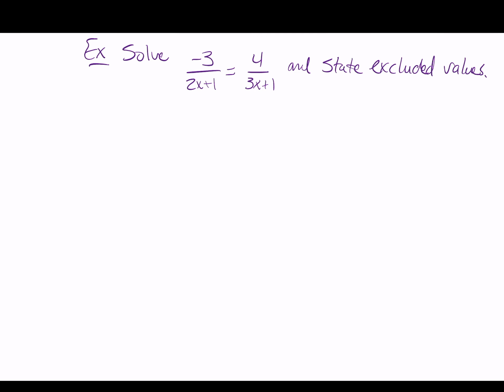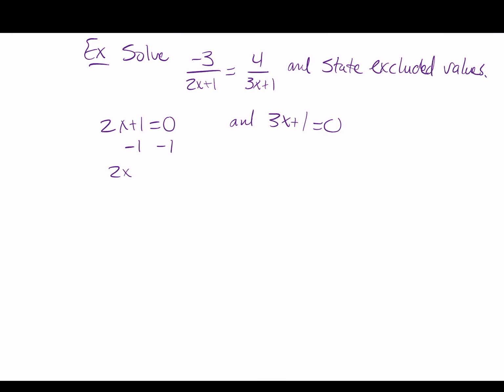Okay, this equation is already fully factored, so we want to find the LCD after finding the values that cause this to be 0. So the values that cause the denominator to be 0 are 2x plus 1 equal to 0. We're trying to find where it is equal to 0. And 3x plus 1 equal to 0. So we can solve those.